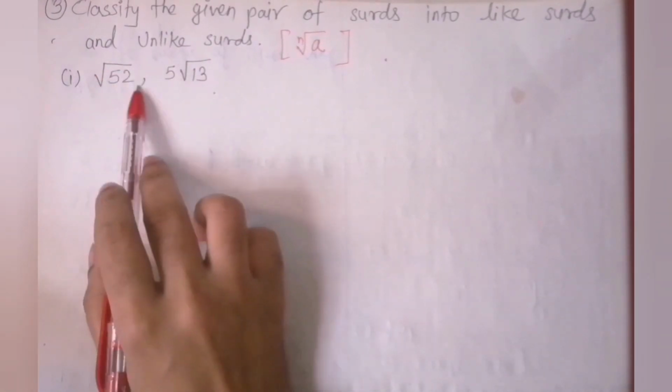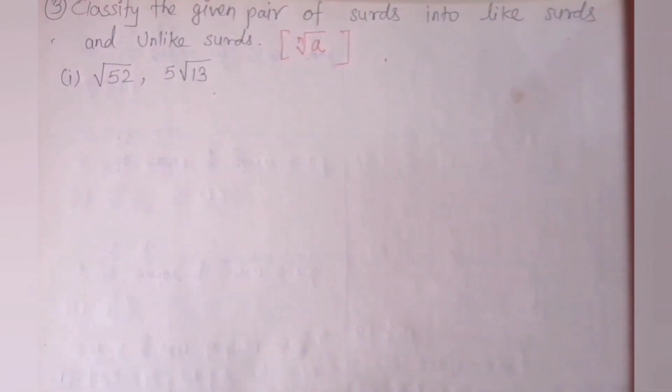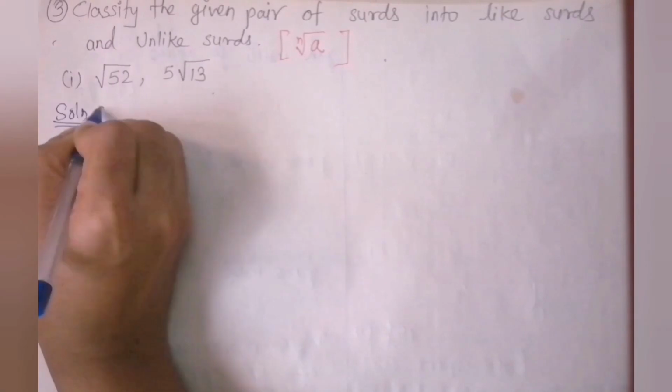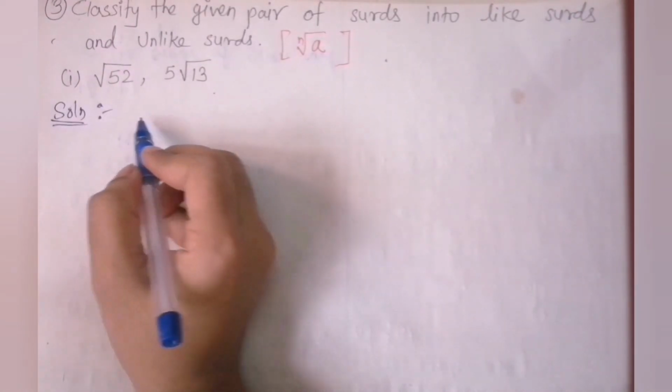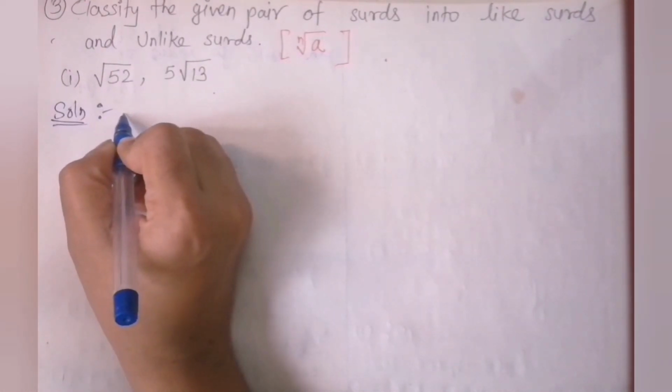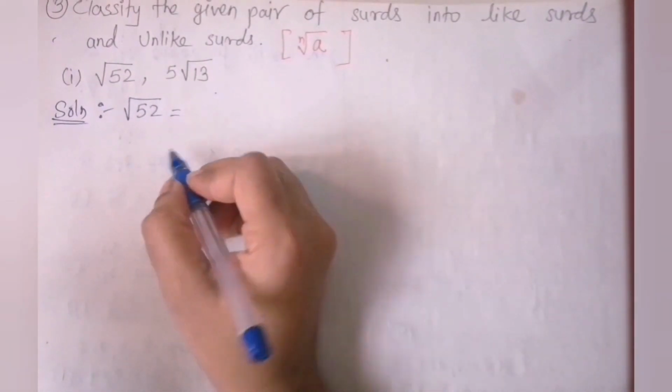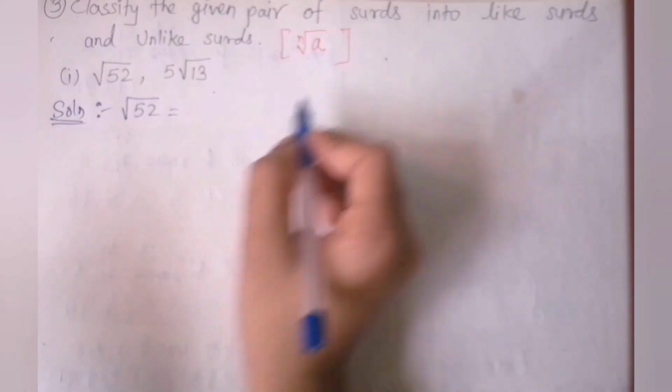So start solving by the factorization method. Write down here, solution. Okay, students, first find the square root of 52. So find the factors of 52. You know how to find a factor.